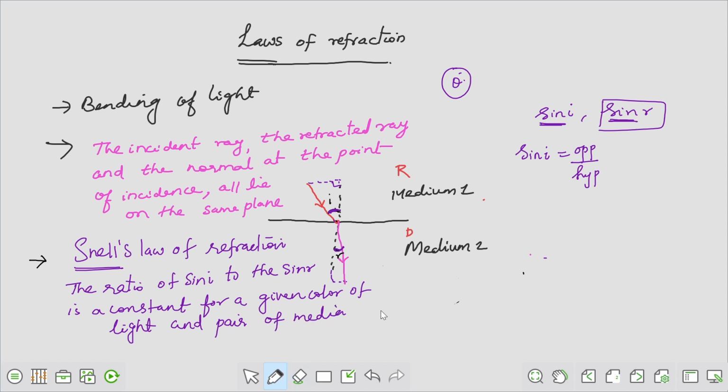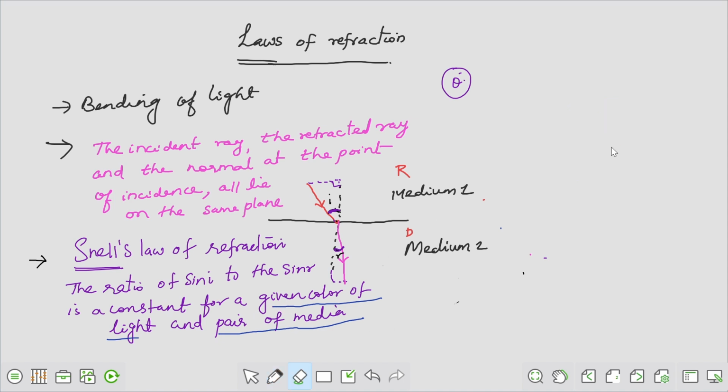Two important statements you have to remember here are given color of light and pair of media. These are the two terms that are very important when we state this law. Why do we use a given color and pair of media? Let's understand that.